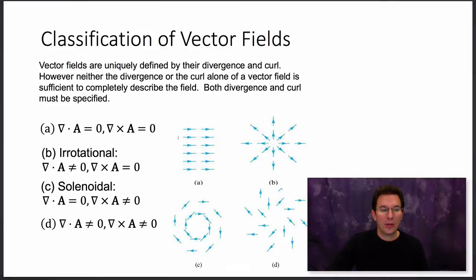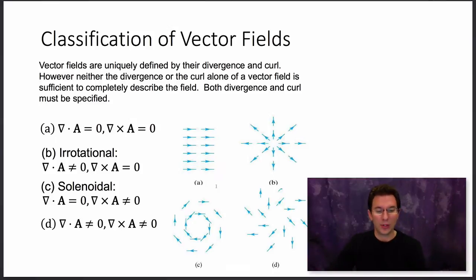It turns out this kind of field has non-zero divergence and zero curl. If the curl of the field is zero, it's called irrotational. So this is an example of an irrotational field, and it kind of makes sense, right? No rotation, nothing is rotating around this center point here. It's all just radiating out. That's to do with divergence, not with curl.